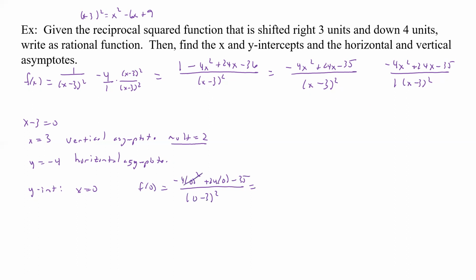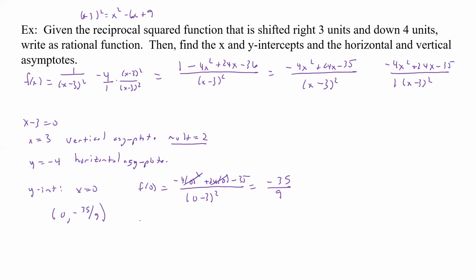So that's gone, and then we just have negative 35 over negative 3 squared, which is 9. So it's going to give us the point (0, negative 35 over 9) as our y-intercept.